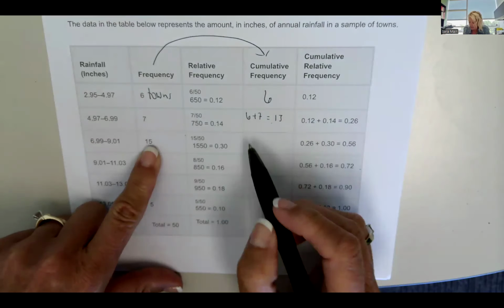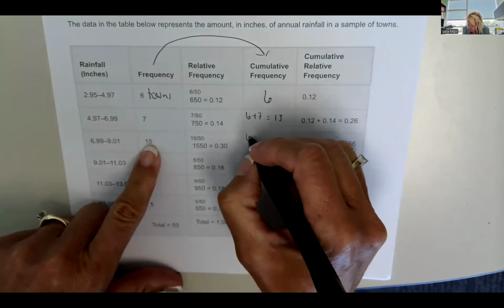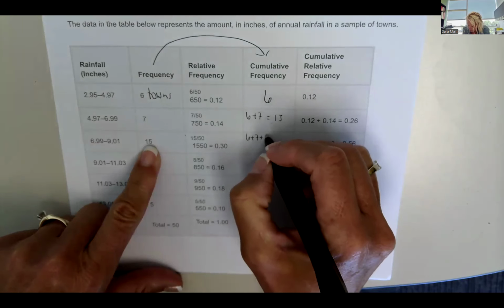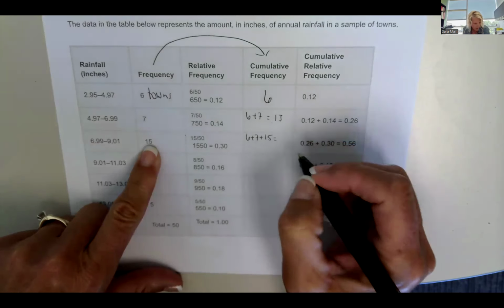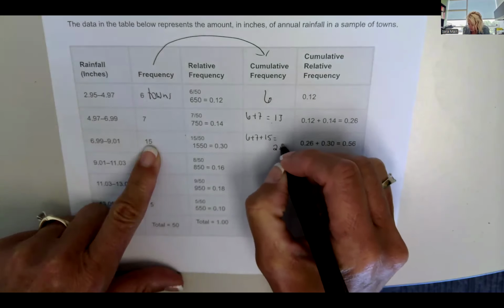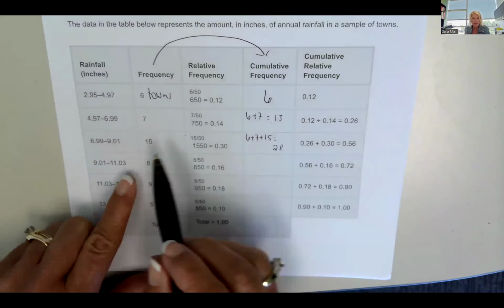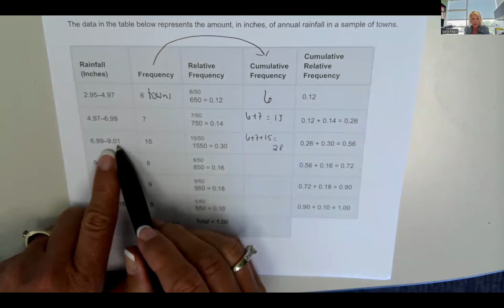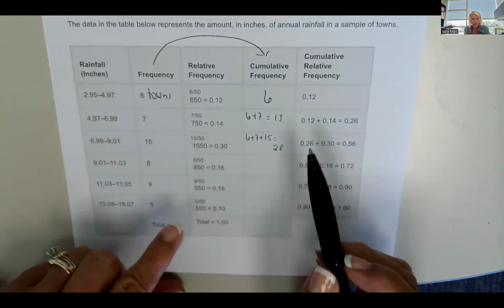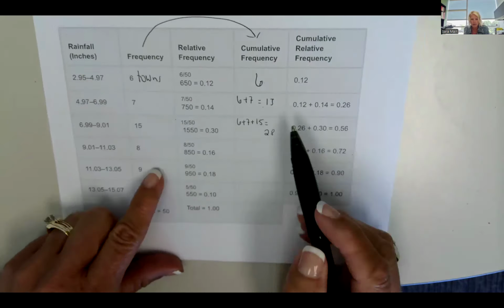Now we're going to add the next category. So there's a total of 6 plus 7 plus 15, or 28 towns that have less than or equal to 9.01 inches of rainfall. We're accumulating, we're adding the previous one.